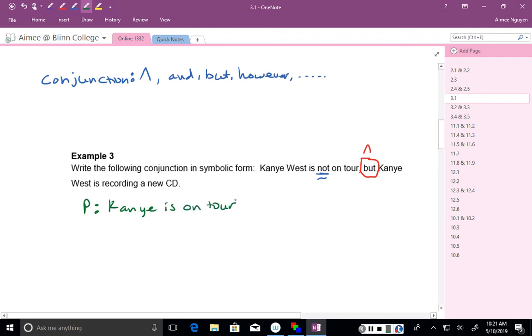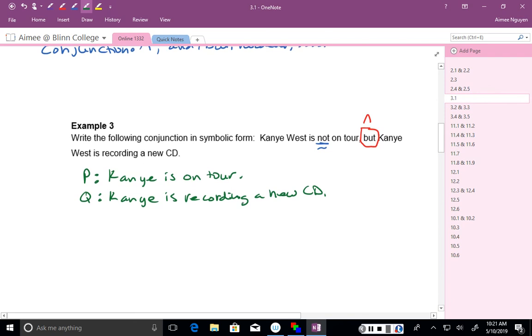And then for my second statement, so after the but, Kanye is recording a new CD, so that would be my Q. Kanye is recording a new CD. Okay, so those are my two simple statements. Now we're going to put it all together using my symbols, right?